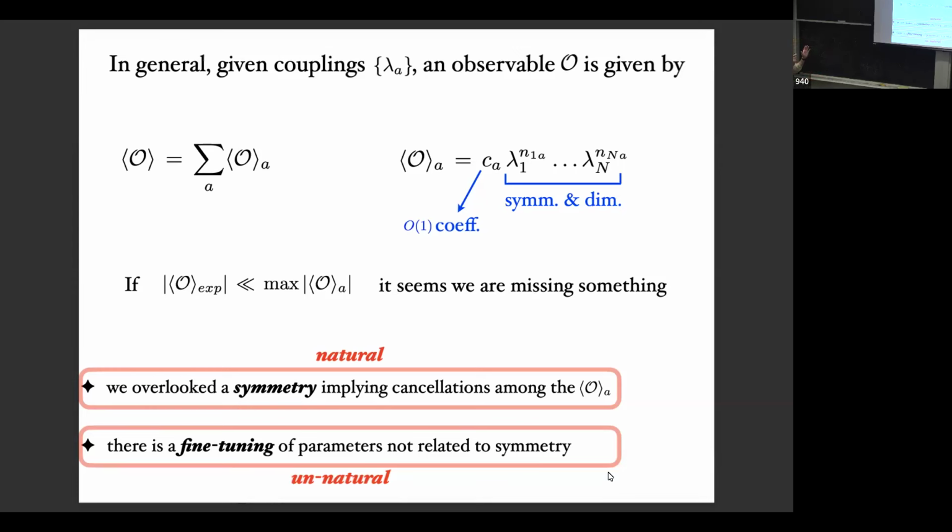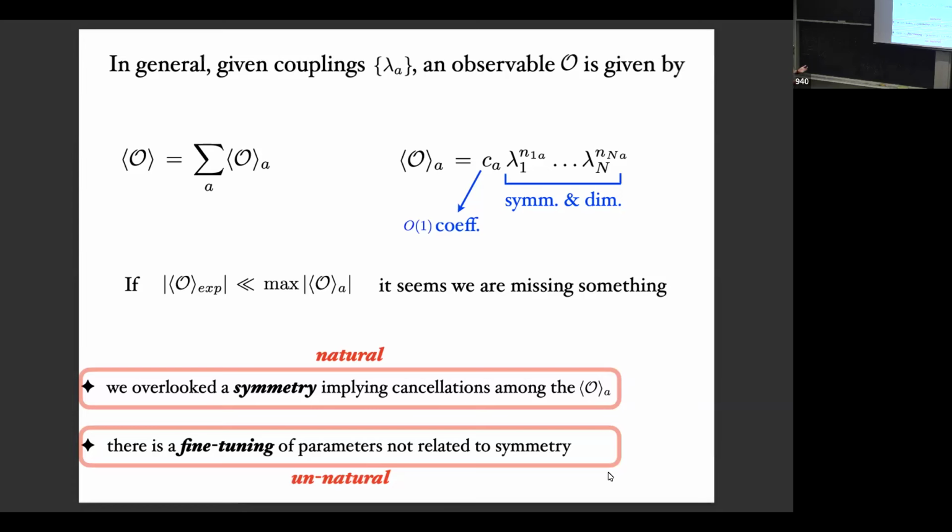In fact, if there are two contributions that are related by symmetry, you should group them together as a single individual contribution. So if the final result is of the order of magnitude of what you would have guessed knowing these parameters, then you can say that this is a natural situation. And this happens in the vast majority of cases. That's what we call natural.